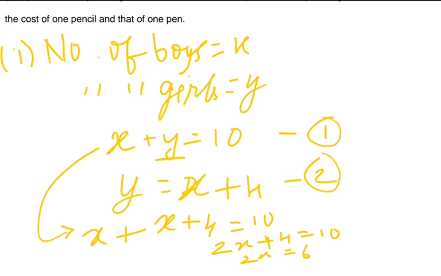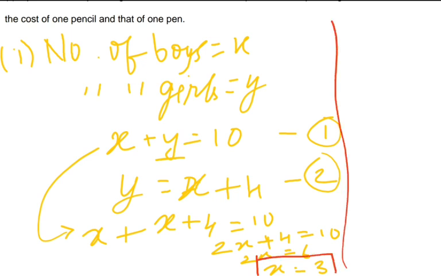So x will be equal to 3. So we found the value of x as 3. That is, the number of boys who took part in the quiz is 3.